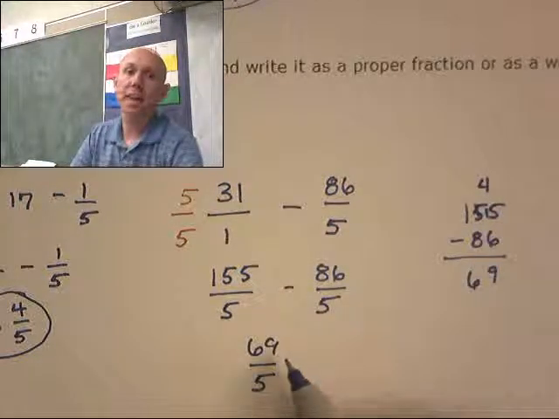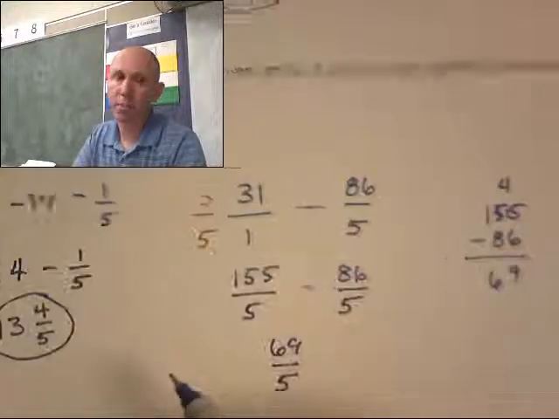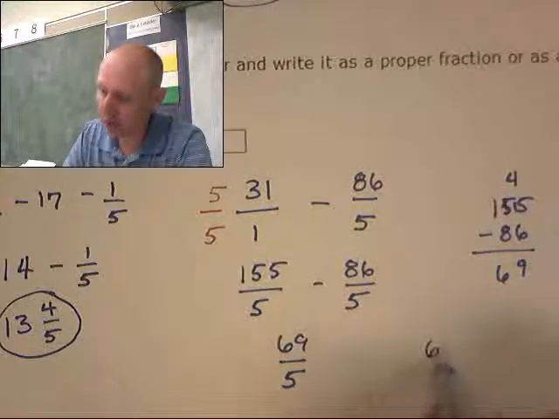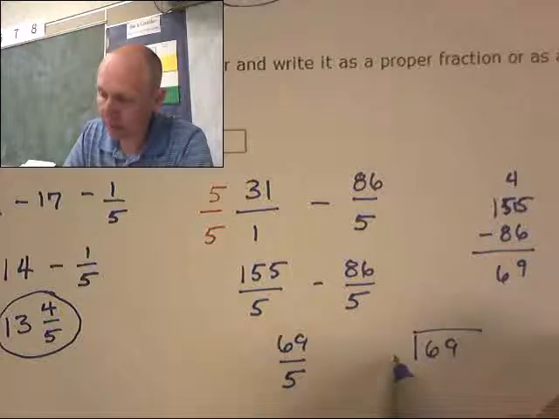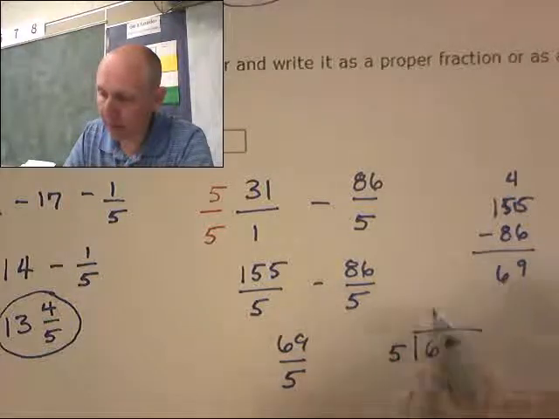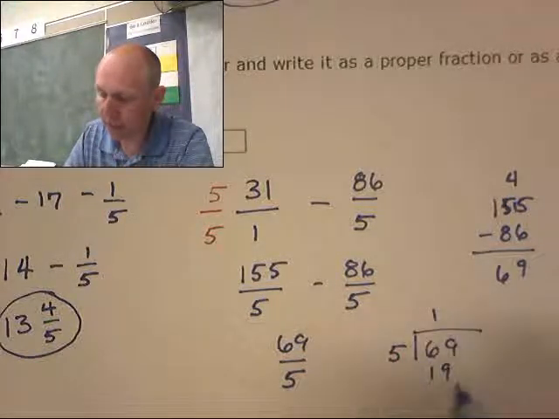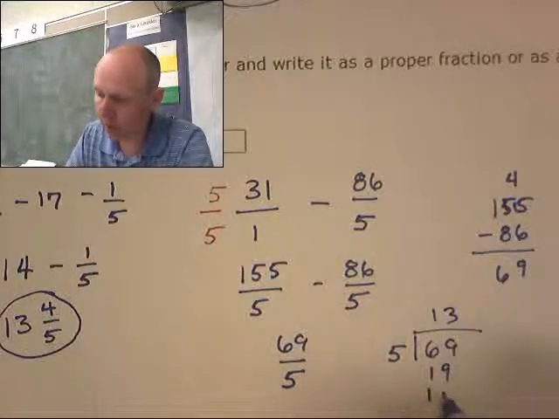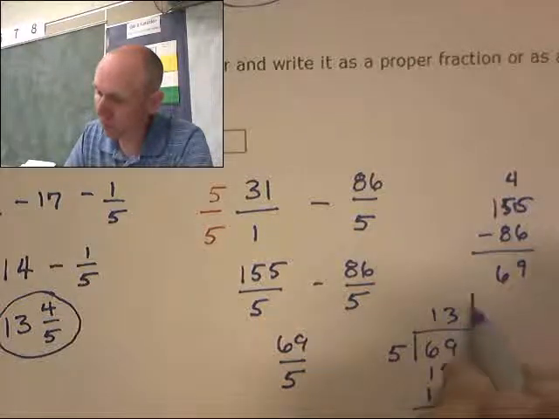And now I have to take that improper fraction and turn it into a mixed number. So 69 divided by 5. 5 goes in there 1 time, 1, 9. 5 goes in there 3 times, 15, with a remainder of 4.